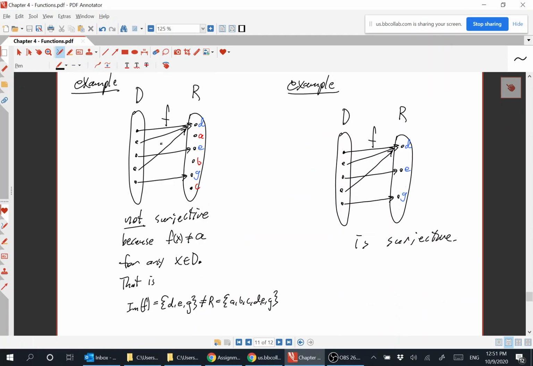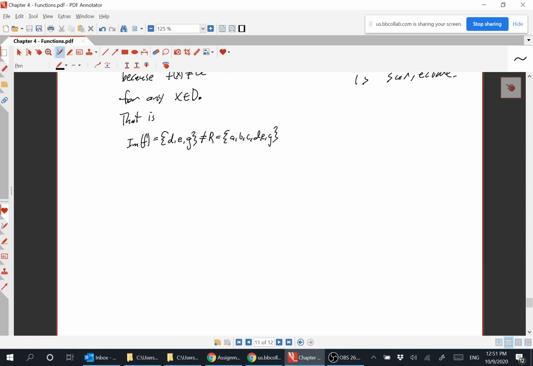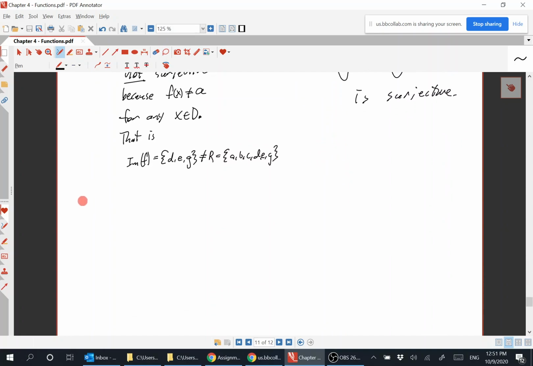Okay, so there's the basic idea right there. And, well, let's do some examples other than those. How about that Moebius function we were just looking at?